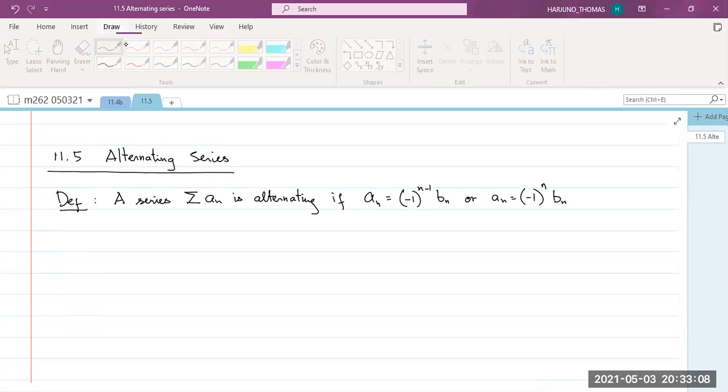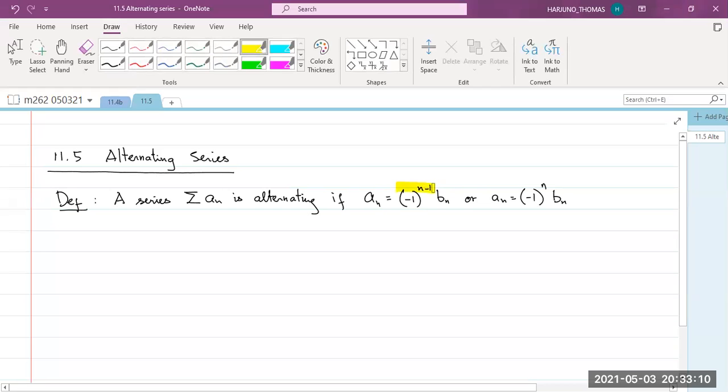Okay, basically, these are the alternators. Okay, B sub n is a positive term.